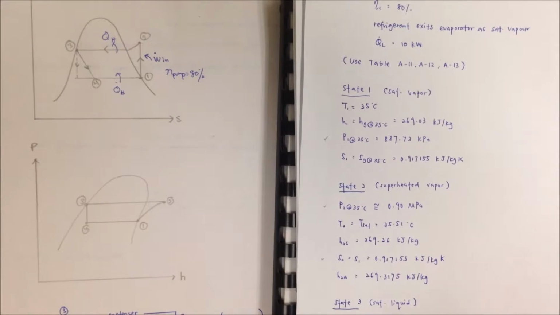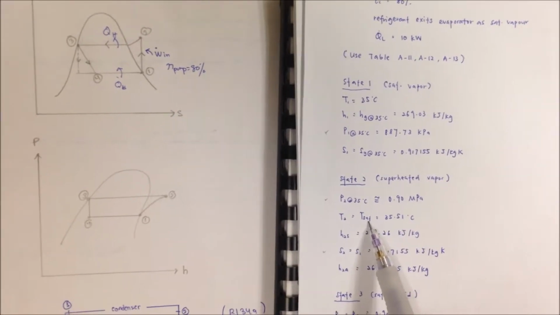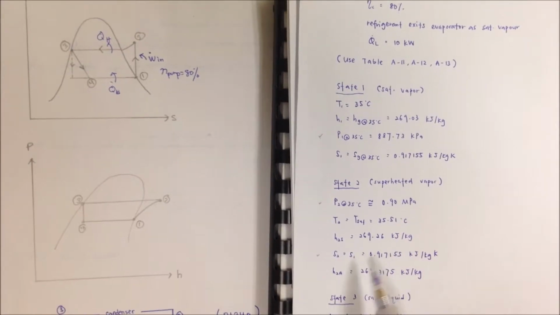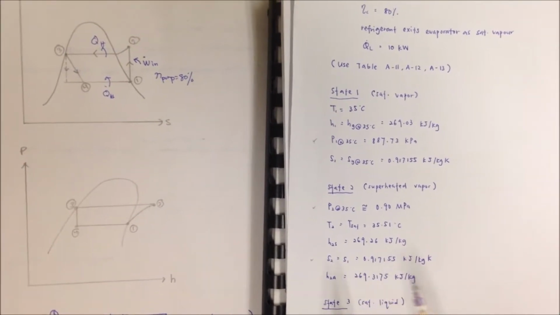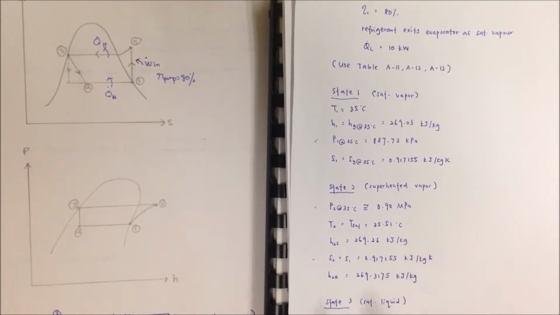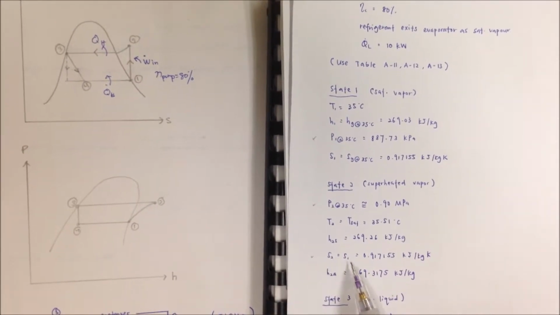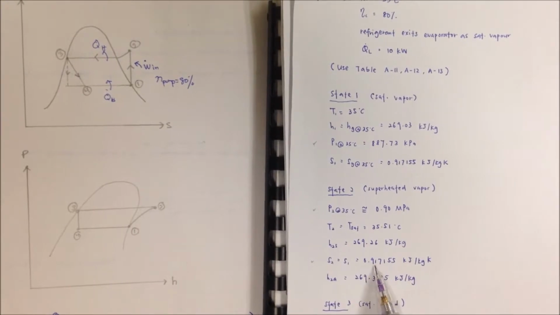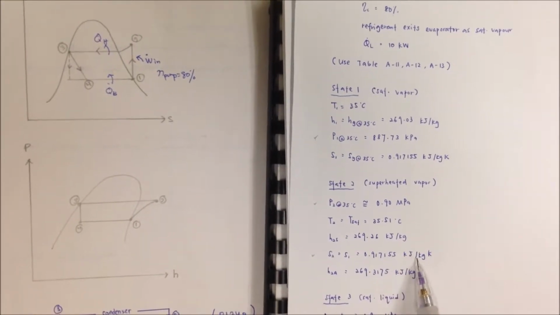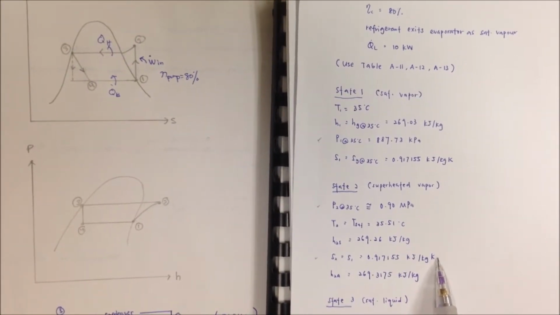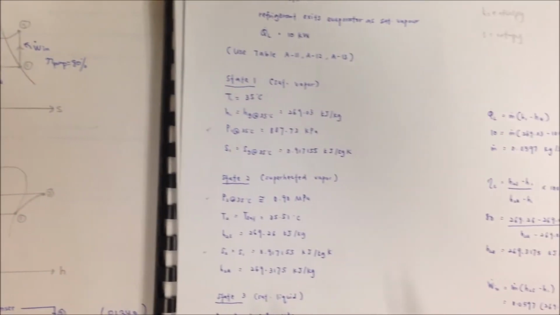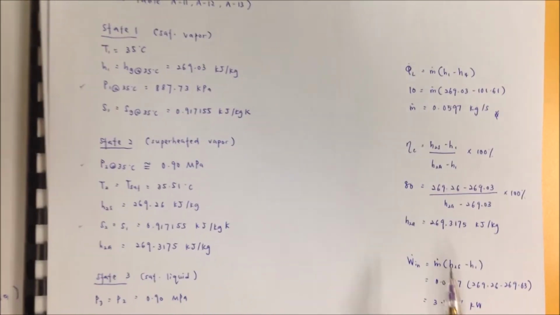So we can obtain the saturated temperature, the H2S and S2 from the property table. S2 equals S1, which equals 0.917155 kilojoule per kilogram Kelvin. The H2A can be obtained from the efficiency of the compressor.